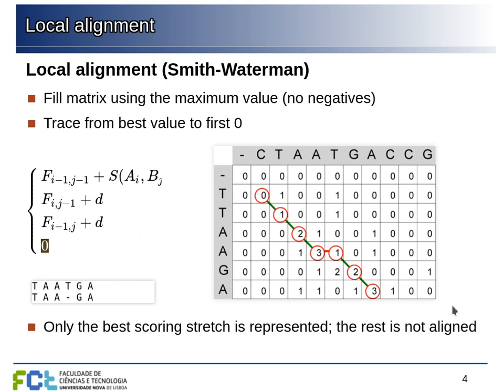matrix. And then instead of starting from the end, we're going to start from the best score here. So in this case, it could be from this cell or it could be from this one. This would give us two identically scoring alignments. And what we're going to do when we backtrace is to consider only this stretch of positive scores until we reach the first zero.